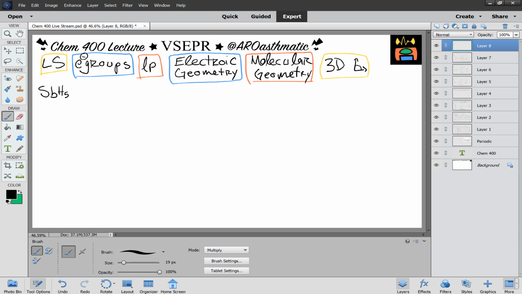All right, our Lewis structure here looks like this. All right, and we have 5 atoms plus 1 lone pair, so that's 6 electron groups, which means we're dealing with an octahedral geometry.